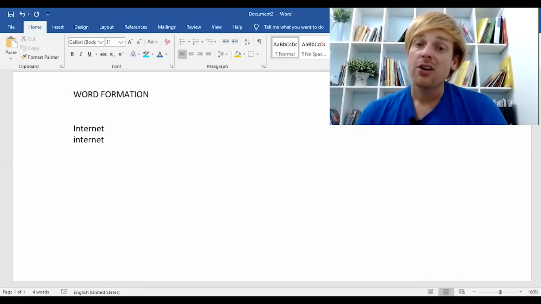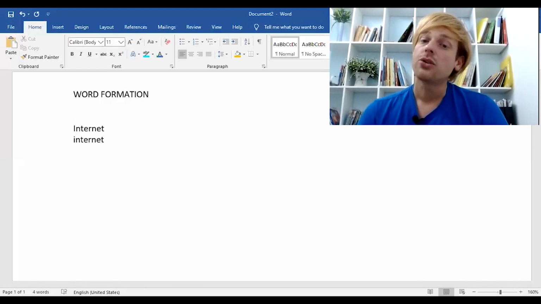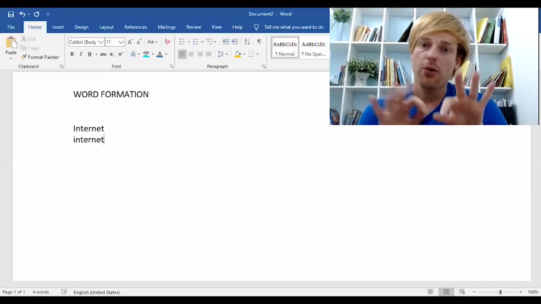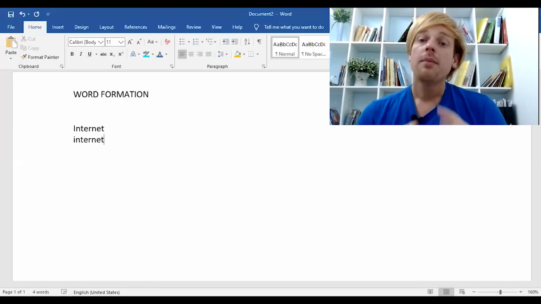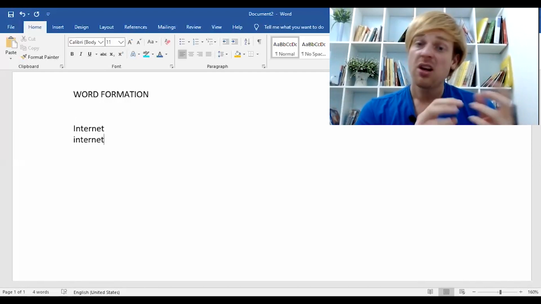In many standards, you don't capitalize internet anymore. It's so common that we make the I small, right? So always be up to date with how to write things in the proper way, because especially with new words, they're changing a little bit each year.